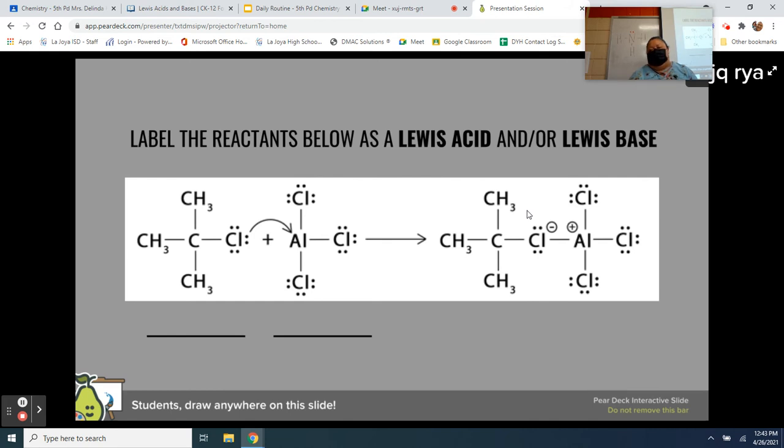LA for Lewis acid or LB for Lewis base. Or you can type it, Lewis acid and Lewis base. Irvin, are you done typing or writing? Efrain, you're done? America, you're done?